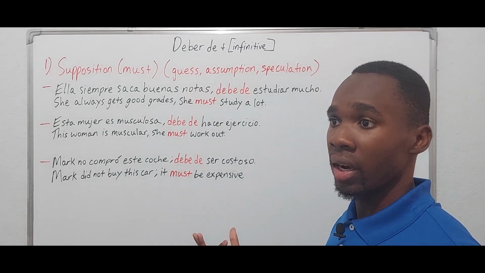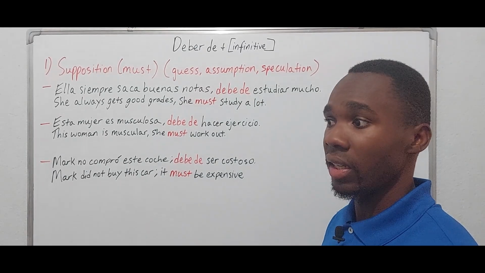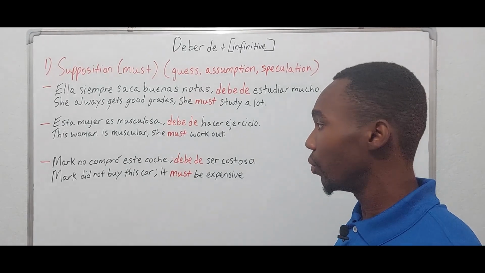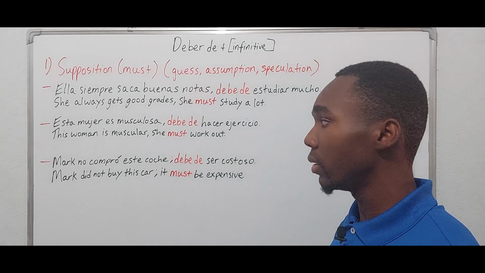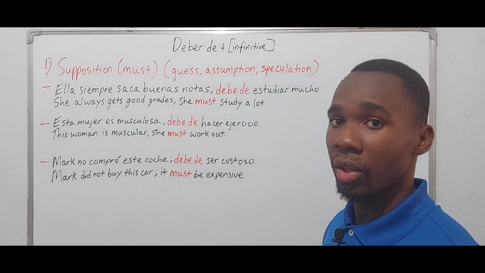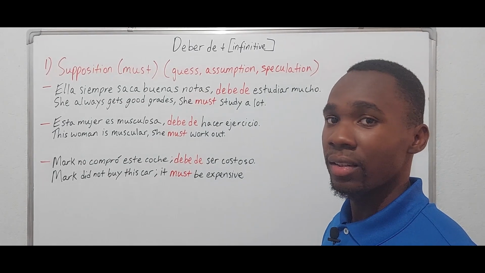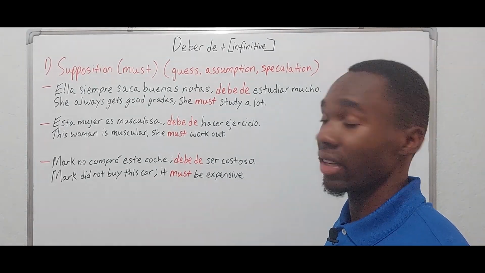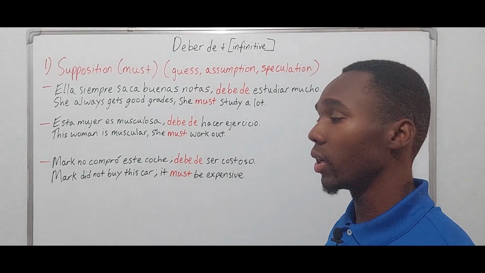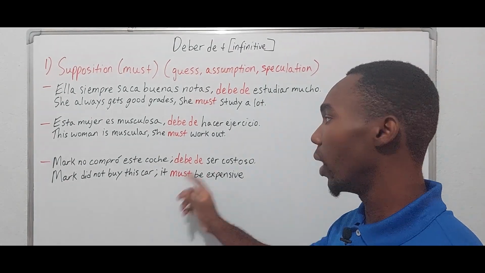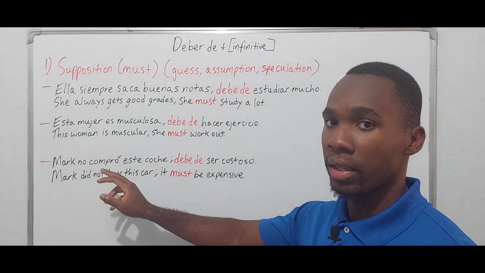Maybe he didn't buy the car because he didn't like the color or the model. There are so many other reasons why he probably did not buy the car that may have nothing to do with price, right? But that's just an assumption, one of the millions of assumptions that we could have made about why Mark chose not to buy this car, right?